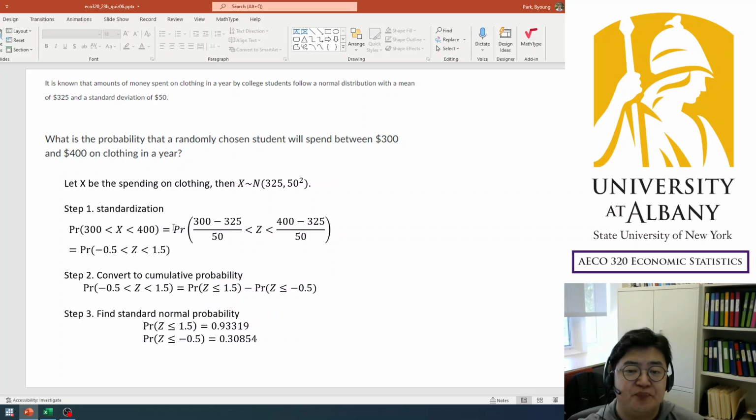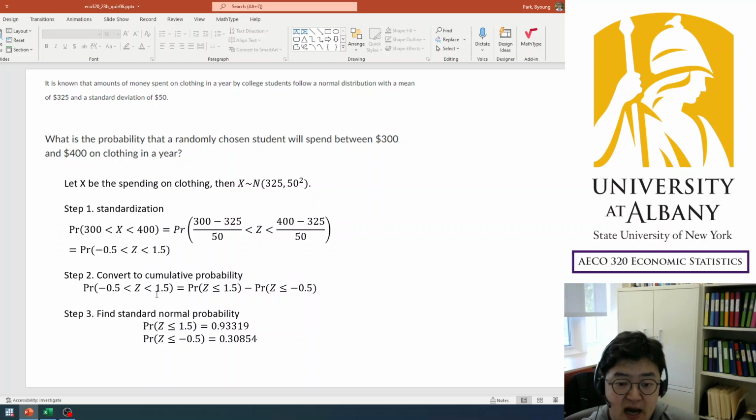So you expressed the probability using the standard normal distribution, right? And second step, we have to transform this probability to cumulative probabilities. We don't have the value on Excel like this. Probability on an interval with two endpoints can be written as the difference of two cumulative probabilities: the probability smaller than the larger number minus the probability smaller than the smaller number, right?